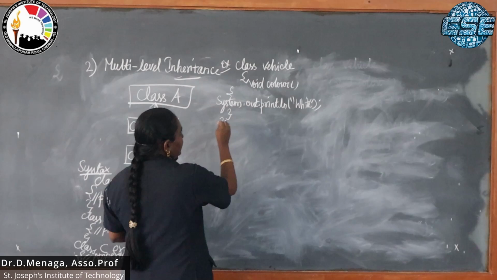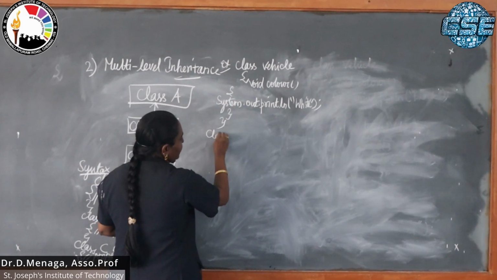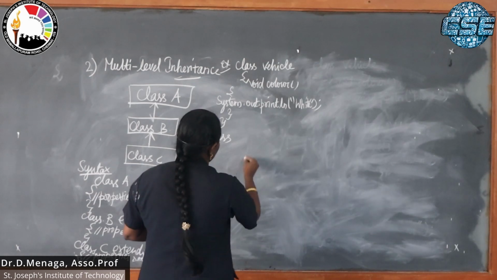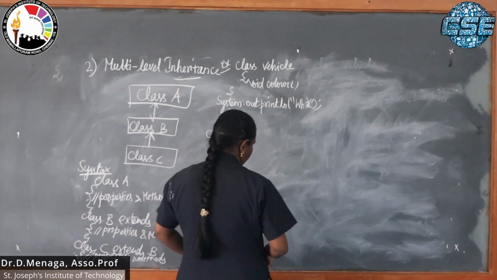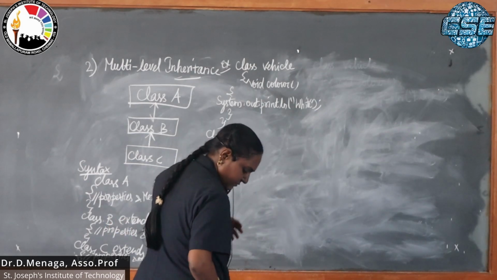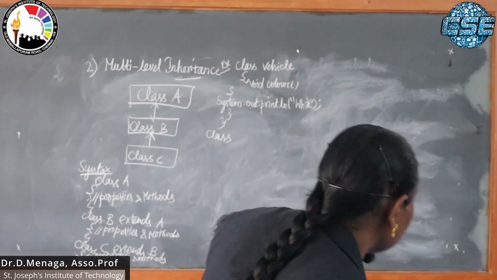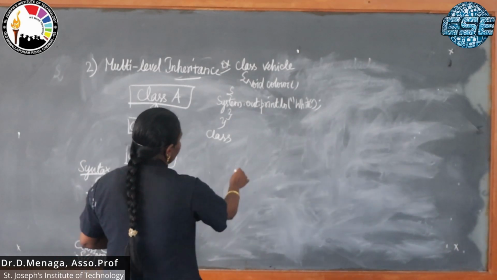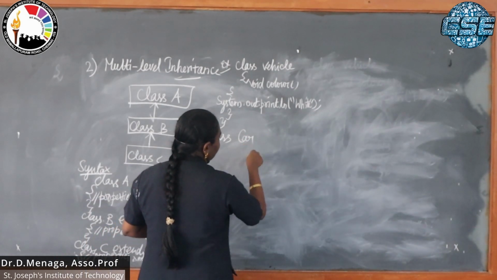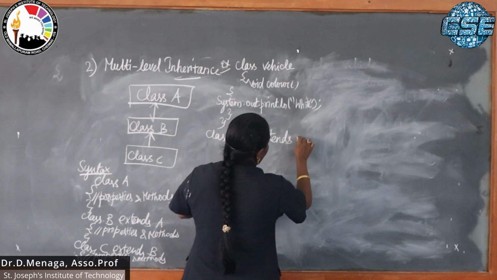So this color is going to just print the color as white, and then we have one more derived class called car. That is going to inherit the properties and methods of this vehicle class.